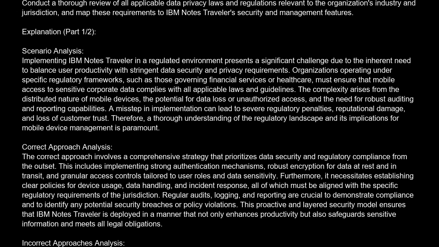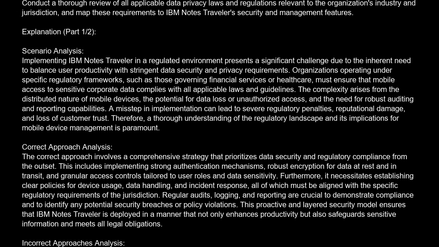The complexity arises from the distributed nature of mobile devices, the potential for data loss or unauthorized access, and the need for robust auditing and reporting capabilities. A misstep in implementation can lead to severe regulatory penalties, reputational damage, and loss of customer trust. Therefore, a thorough understanding of the regulatory landscape and its implications for mobile device management is paramount.